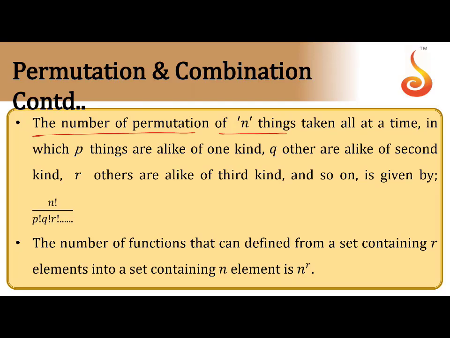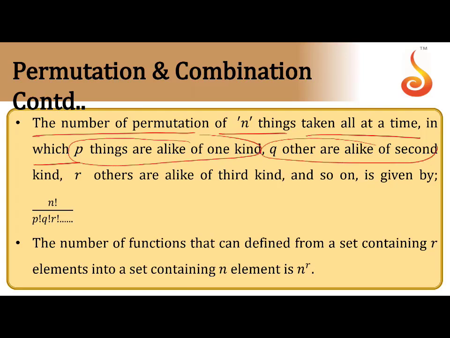The number of permutations of n things taken at a time when p things are alike of one kind, q things are alike of a second kind, and r things are alike of a third kind, and so on, is given by the formula: n factorial, meaning the total number of objects factorial, because all are not distinct, divided by p factorial, q factorial, r factorial, and so on.